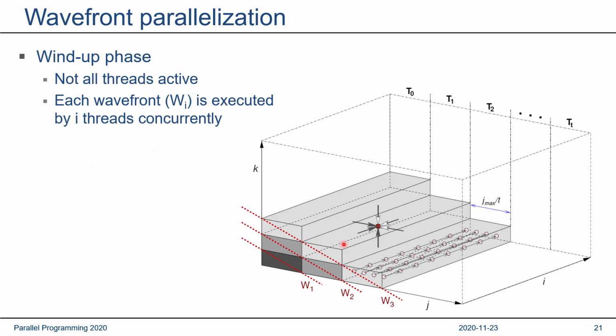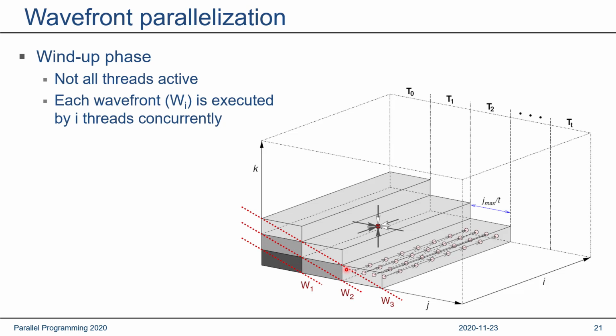Now this means in the beginning, the number of threads that have something to do is small. Actually, right at the beginning, where only one block exists that has its dependencies fulfilled because it's a boundary block, only one thread can work. This single thread works on this single wavefront, W1, which comprises only a single block. After this block is finished, we can keep 2 threads busy and so on.